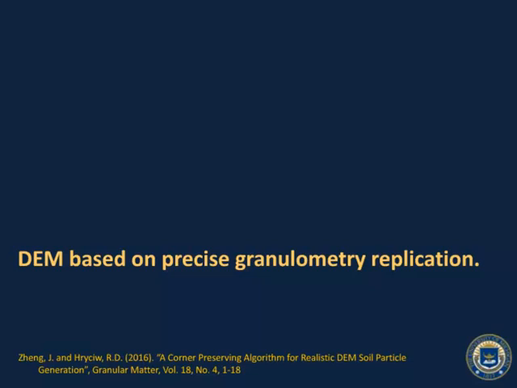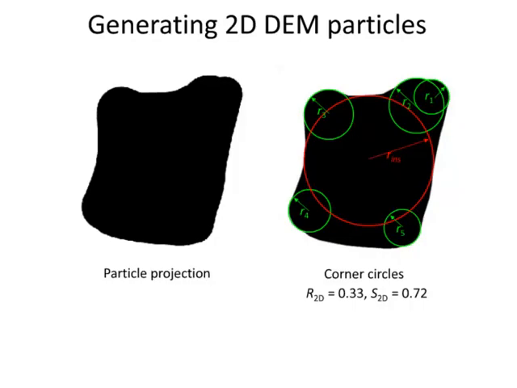So Professor Jose Andrade will be talking more about discrete element methods, but here is one way that we approached this problem. We wanted to simulate actual soil particles in an actual soil, and we know that what affects particle assembly behavior, soil mechanics, is really the corners of particles, the angularity.